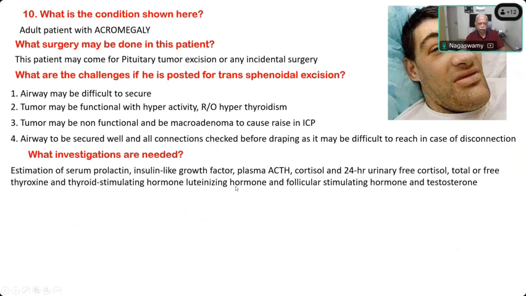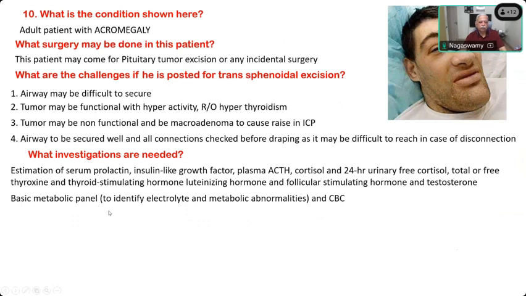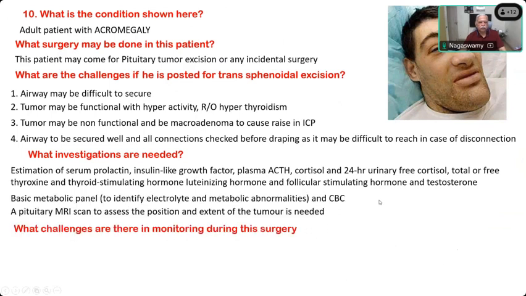Depending upon whether it is functional or non-functional, these are the tests that you have to do. And basic metabolic panel for electrolyte and metabolic abnormalities and CBC have to be done. And the pituitary MRI scan to assess the position and extent of the tumor may be needed. That will be a clue about whether it is going to cause raised ICP or not.